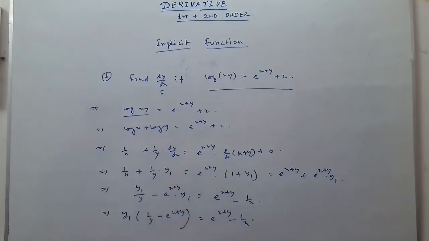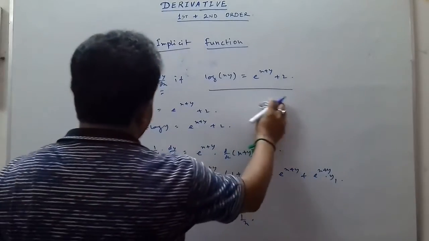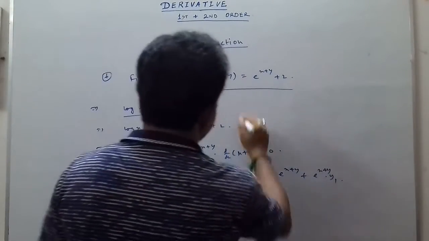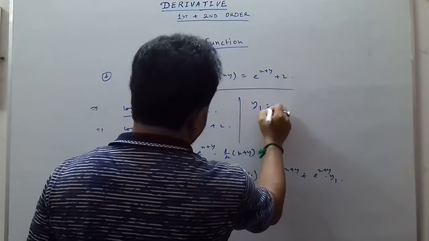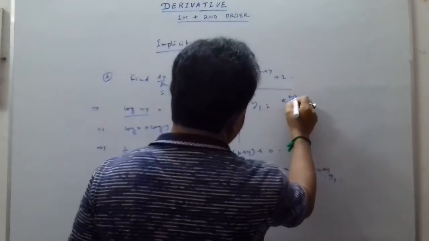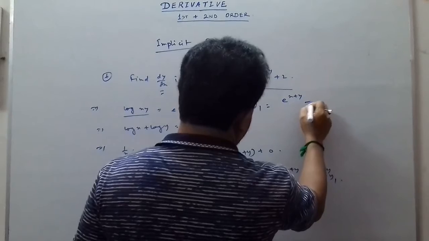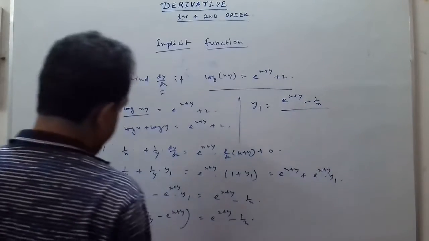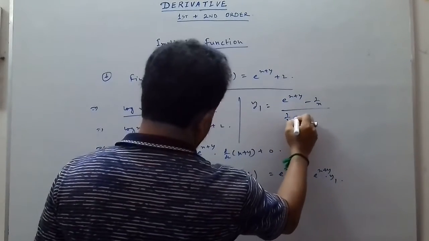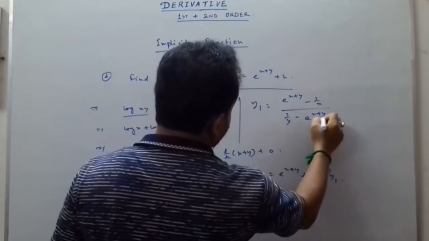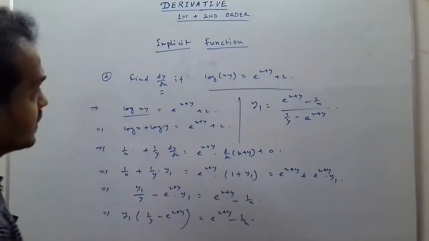So dividing, we will get y1 is equal to (e power x plus y minus 1 by x) whole divided by (1 over y minus e power x plus y).